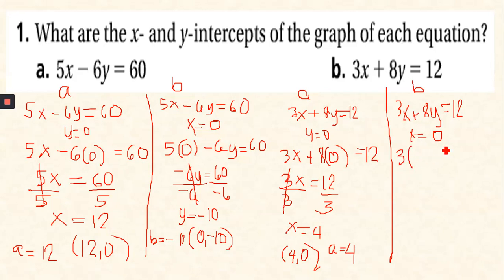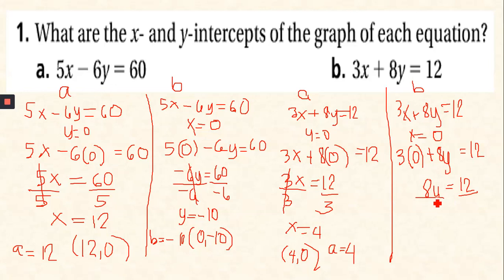Instead of writing x, you're going to replace it by 0. Plus 8y is equal to 12. Okay? 3 times 0 is 0. So you're just going to copy 8y is equal to 12.